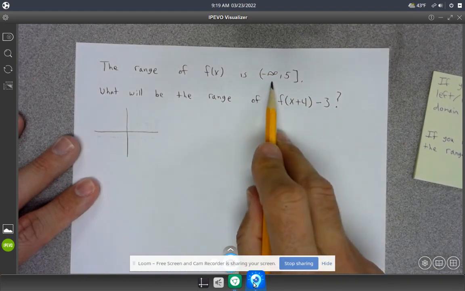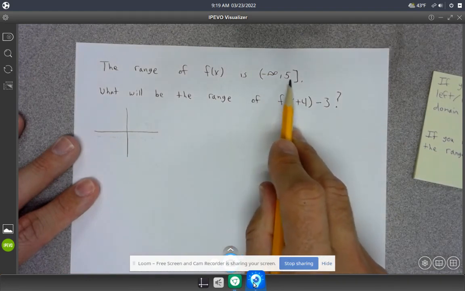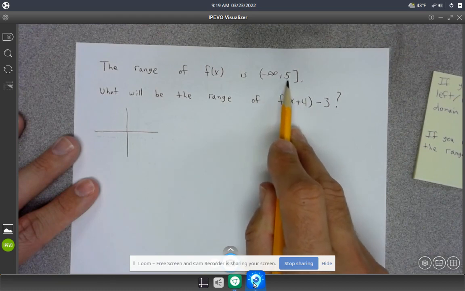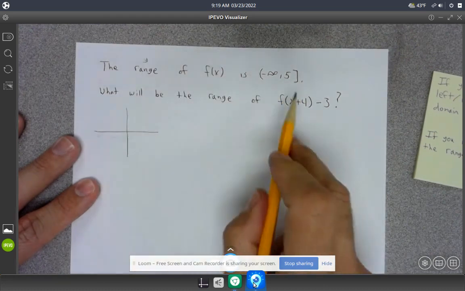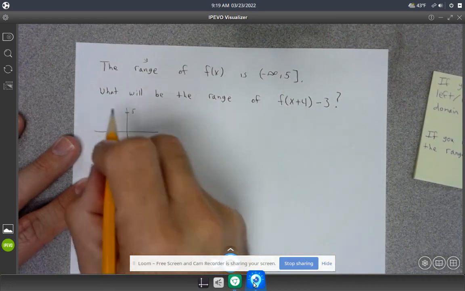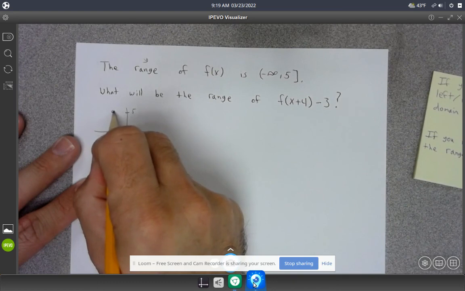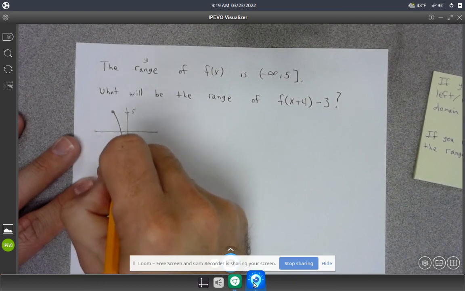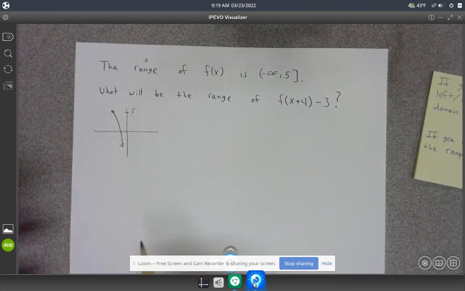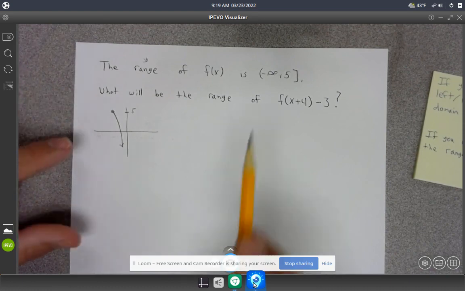The fact that the range is -infinity to 5 means that it goes down forever, and the highest it ever reaches, the range is the y values, the highest it ever reaches is a 5. So there's 5, and I'll just put a dot here, and I'm going to say it's going to go down forever.